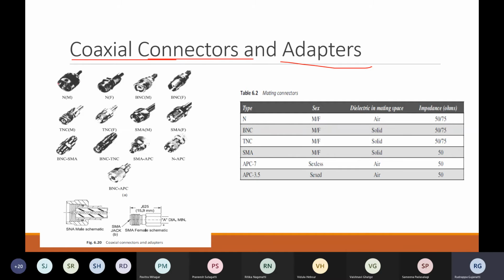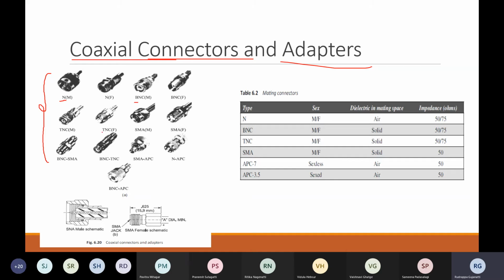Now here we can see that there are different kinds of connectors. In this one, N specifies the Navy type of connector. Then we have BNC, which is the Beyond Navy connector.